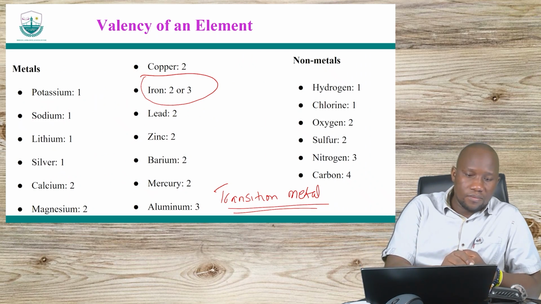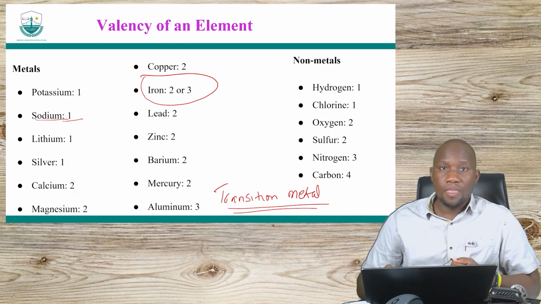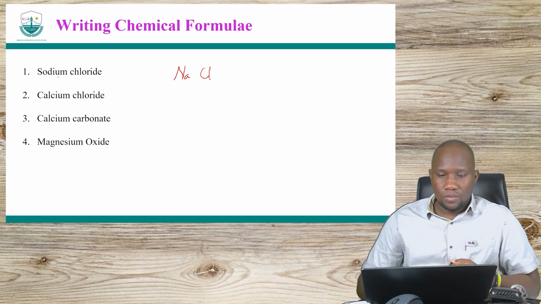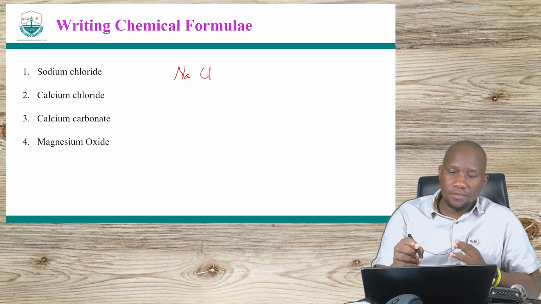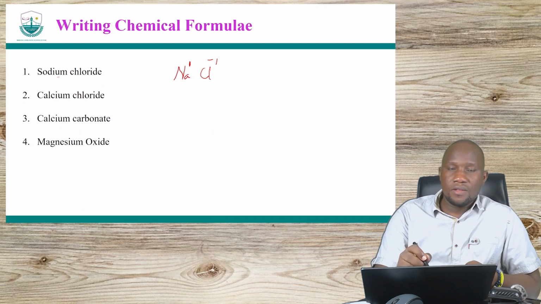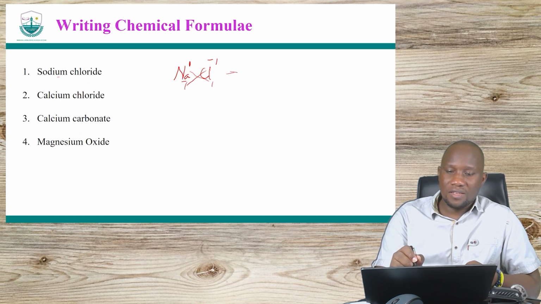Sodium is here, 1. So we take them there. So we have -1, and then we have 1 here. If we are to follow those rules, 1 comes here, -1 comes here.